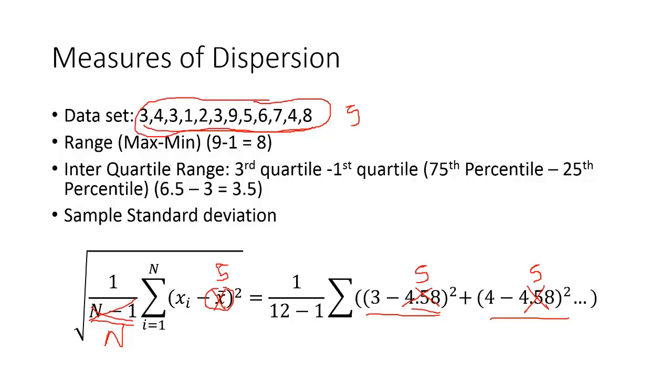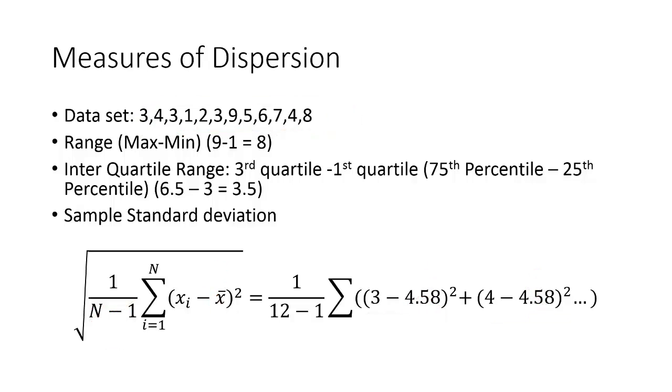Now, another way that people like to describe this is to say that if this data is ultimately a sample from some other population, then you need to do what we just discussed, which is to use this n-1 and take the sample mean.